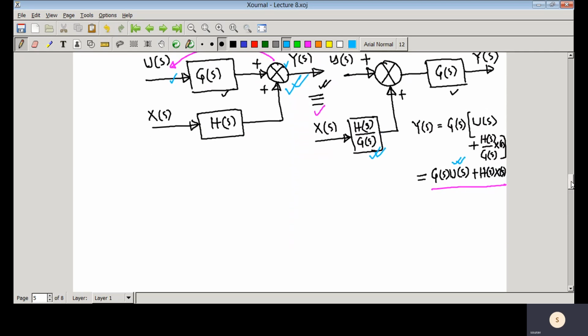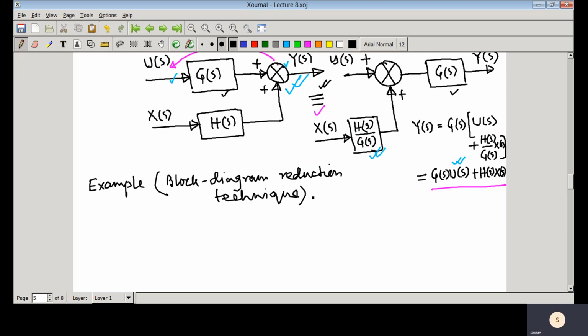So let us solve one example, and this particular example is under the heading block diagram reduction. Basically we'll be applying the block diagram reduction technique to find the transfer function.